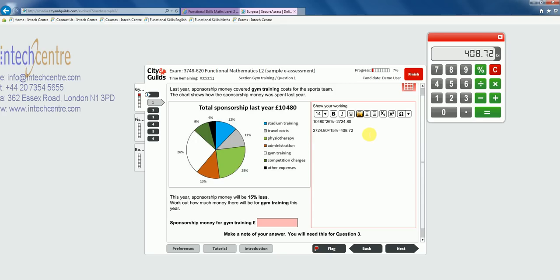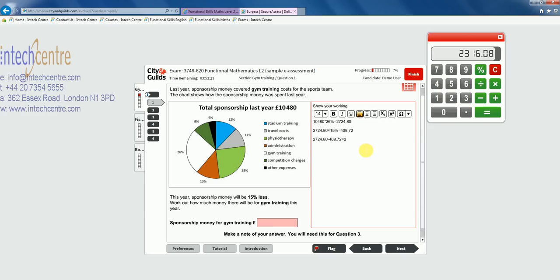And now I'm going to take it away from the original. So I'm going to take this value away from this value. So that's 2724.8 minus 408.72.